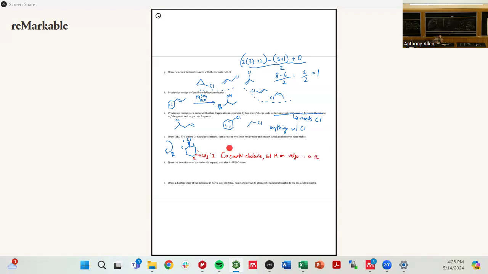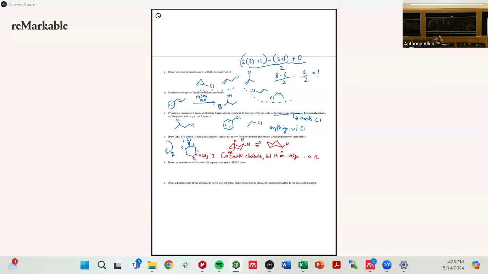Two chair conformers. H, H3C. Then fluorine goes equatorial up.